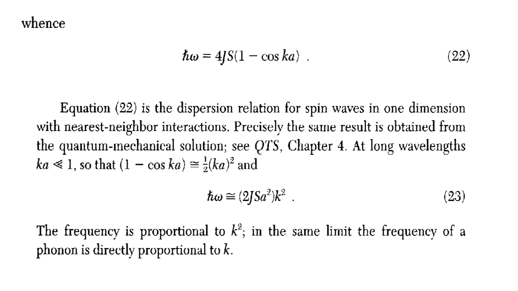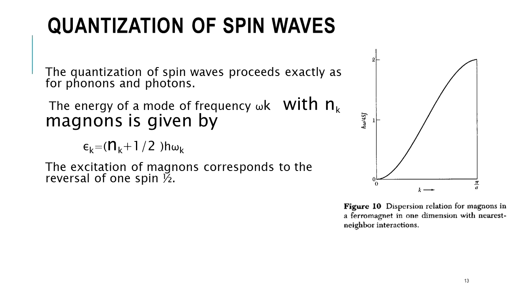So you can see that at higher wavelength and lower k values, the frequency is proportional to k square. Now we can plot this relation, energy versus k, the dispersion relation. The curve will be like this. At low frequency it is proportional to k square, and this is the dispersion relation for magnons in a ferromagnet in one dimension with nearest neighbor interactions.